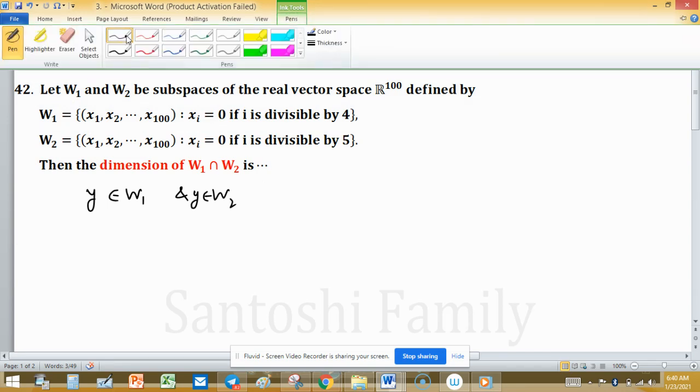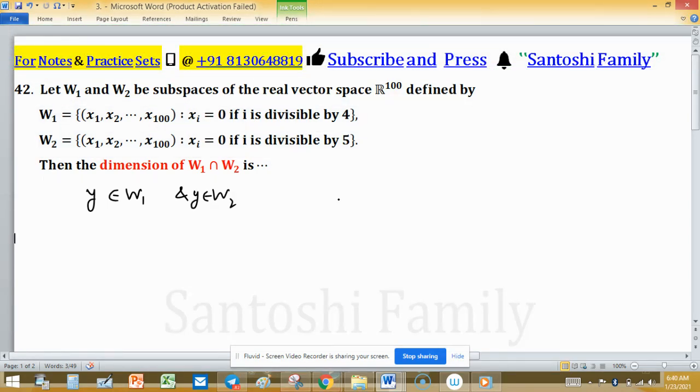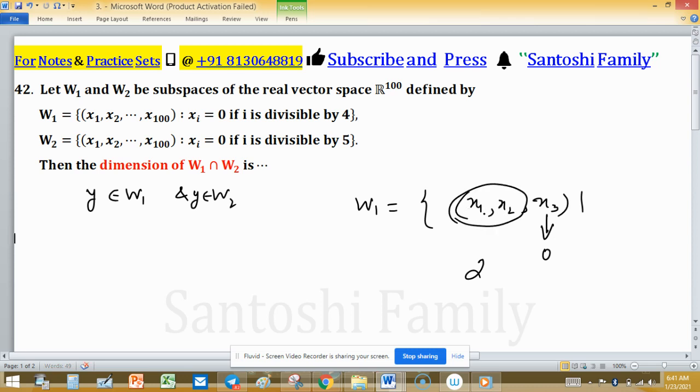Suppose W1 has x1, x2, x3, and if one of them is 0, then the dimension of W1 will be 2, because we are bound to take this position as 0. So we are independent at only two choices, and the number of independent choices is the dimension.